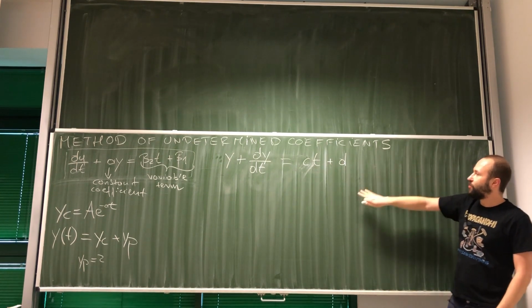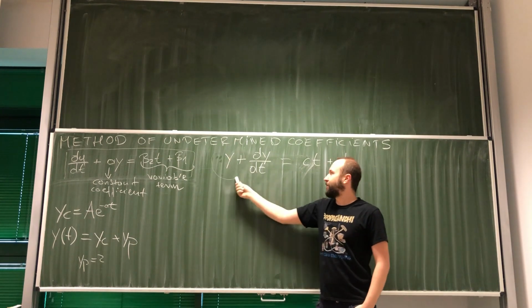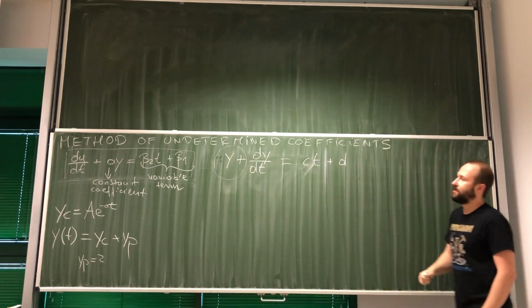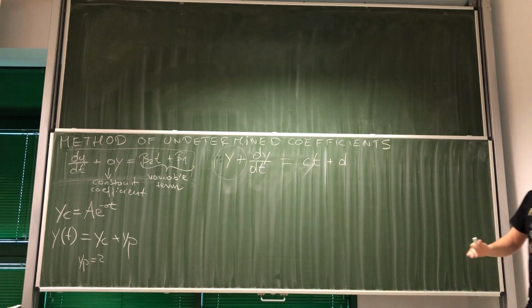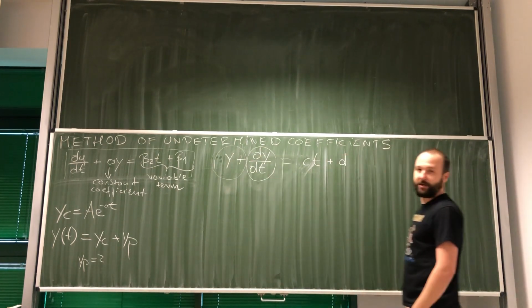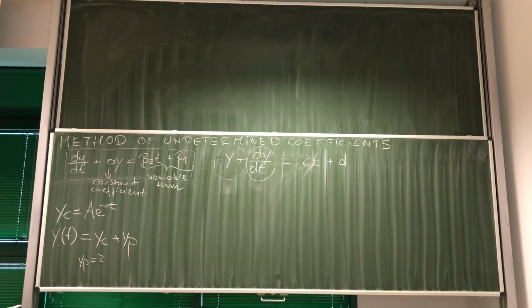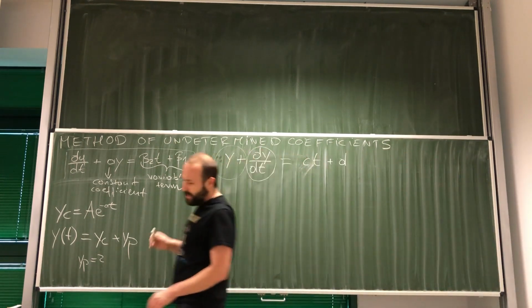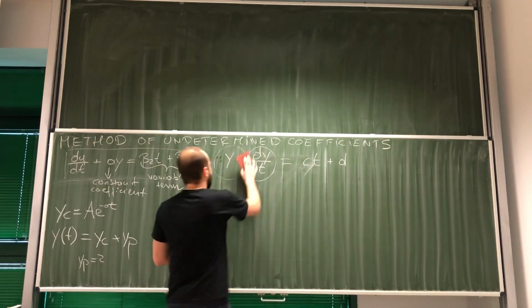So this expression over here will be associated with the linear function. On the other hand, this expression over here is going to be associated only with a constant. So if this is the case, why not try it over here?